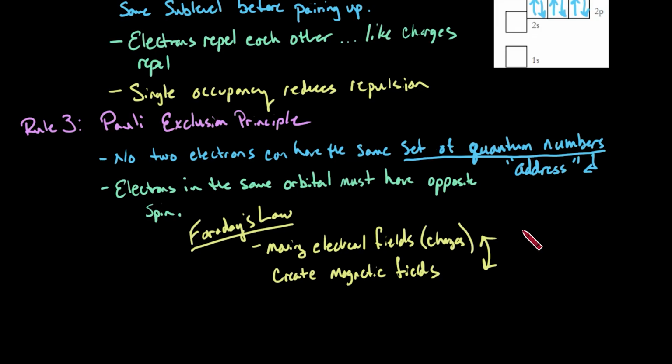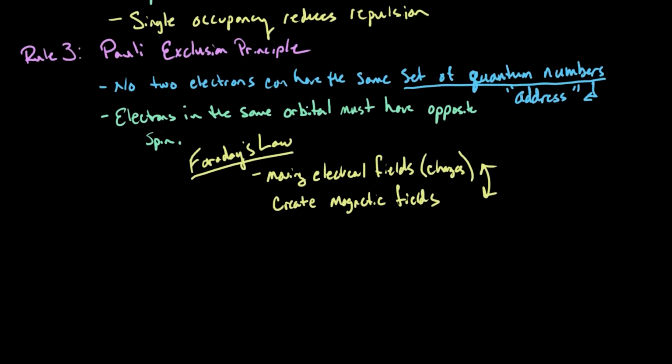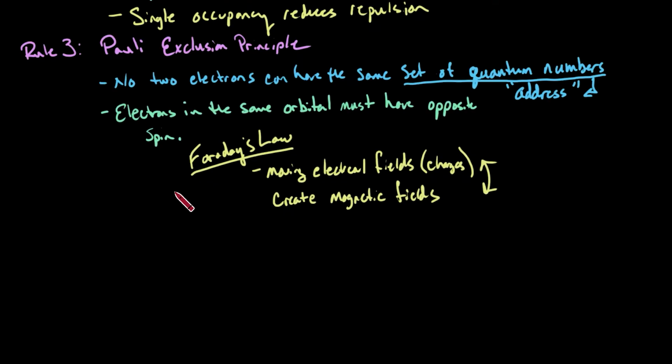Anyways, an electron will spin. Let's say it's spinning this direction, so it'll go into the page on the right and out of the page on the left.